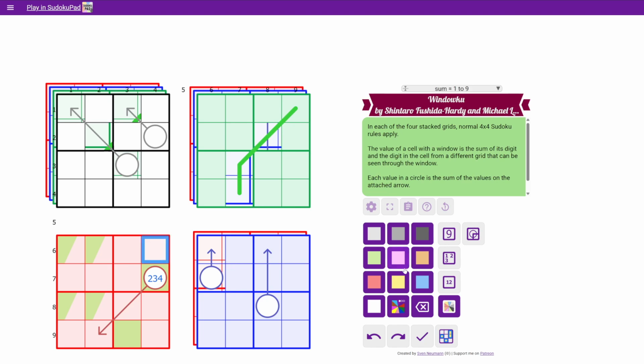And then this cell is going to be there. It's going to be there. It's going to be there.